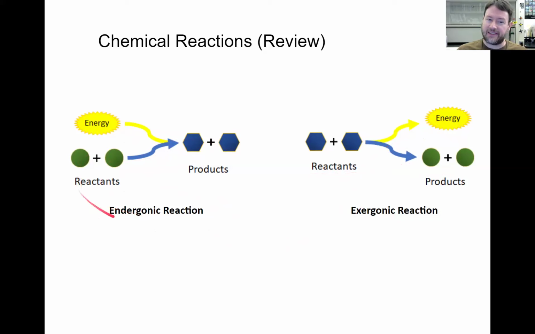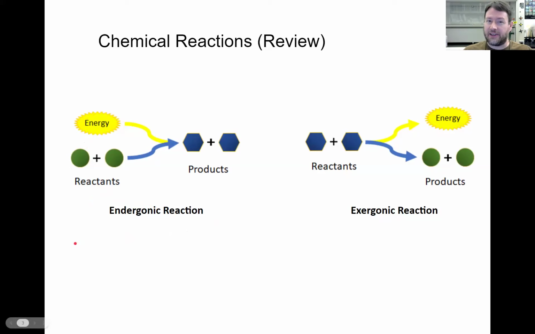The big question is, if enzymes are catalyzing most of a cell's metabolism, enzymes can't create energy out of nothing because thermodynamics, where is that energy coming from to supply these endergonic reactions?